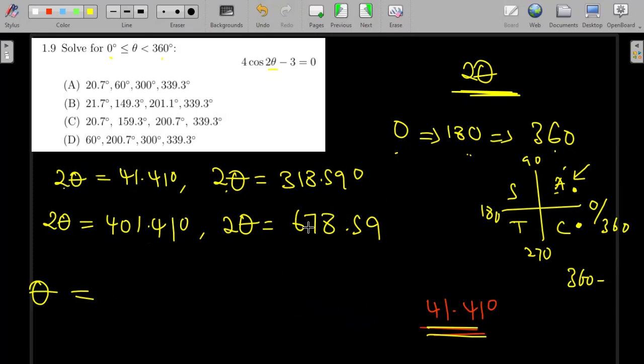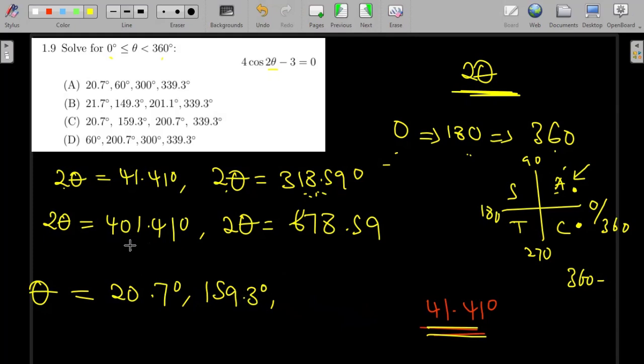Now to find theta, we're going to divide all these numbers by 2, because this is 2 theta, 2 theta, 2 theta, 2 theta. We start with the first one, 41.41 divided by 2. I get 20.7 degrees. What about this one here? 318.59 divided by 2, I get 159.3 degrees.